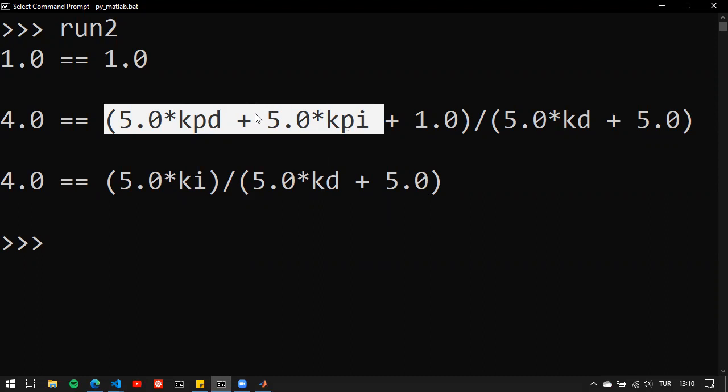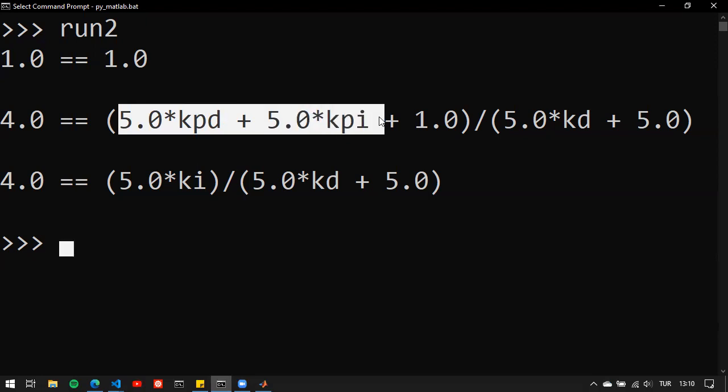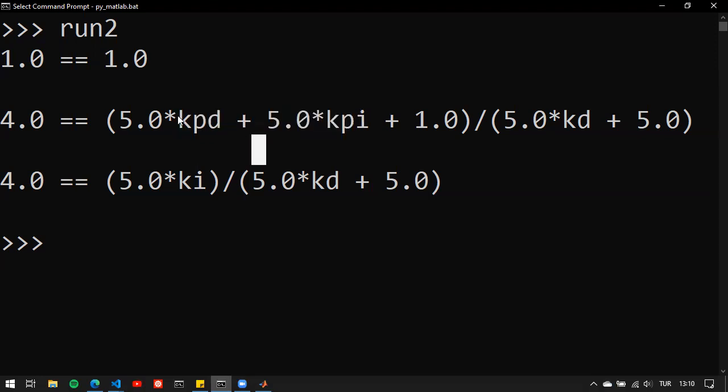So we can just use the PID solution here. We know what KP should be, KI should be, and KD should be. That's again possible. But since the sum of KPD and KPI are equal to some value, again, we can use KPD or KPI to choose the gain and then calculate the other one.